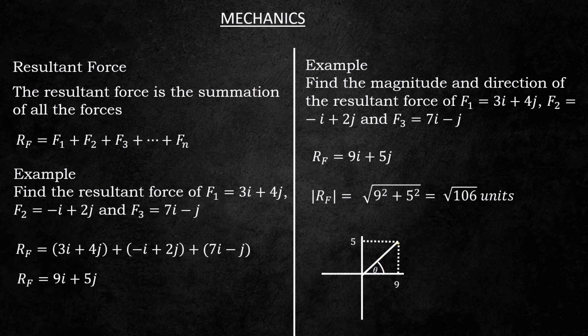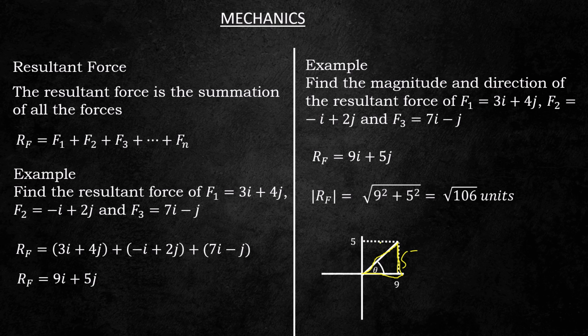Now when you take a look at this, this is a right angle triangle. This is my angle, that is my theta. This side over here is the opposite, and you realize that the opposite is going to be 5, the same length as this line over here on the y-axis.